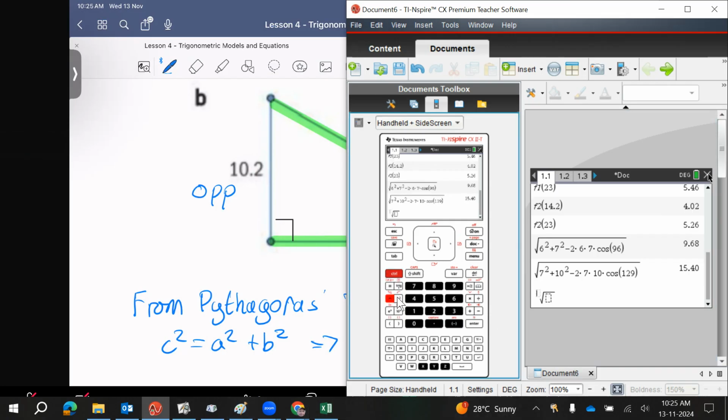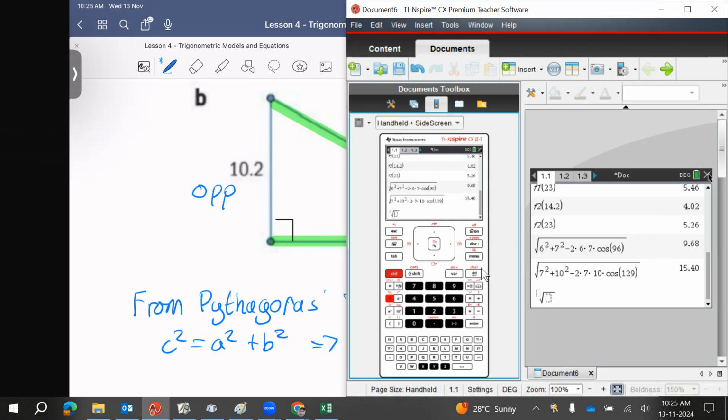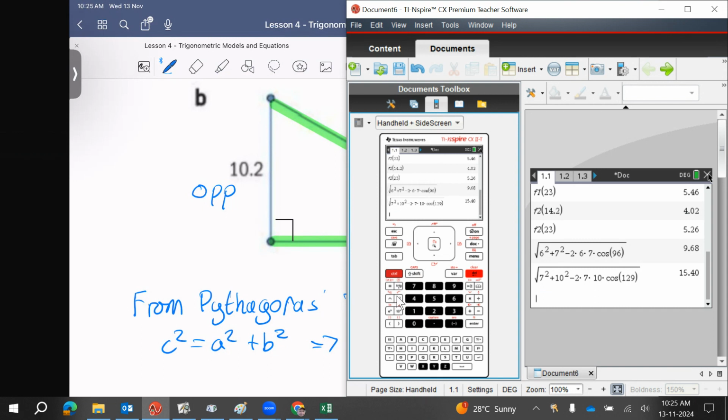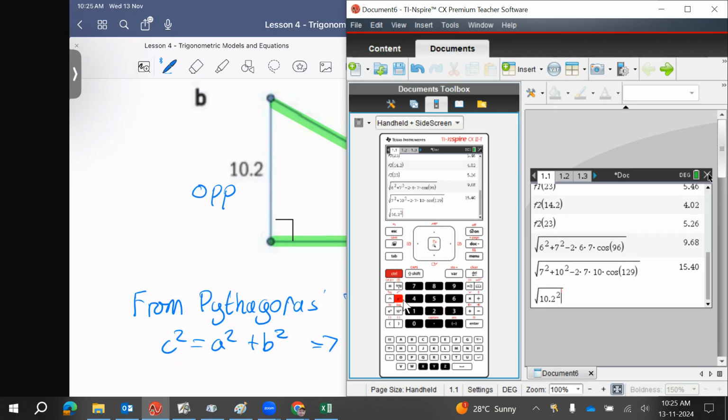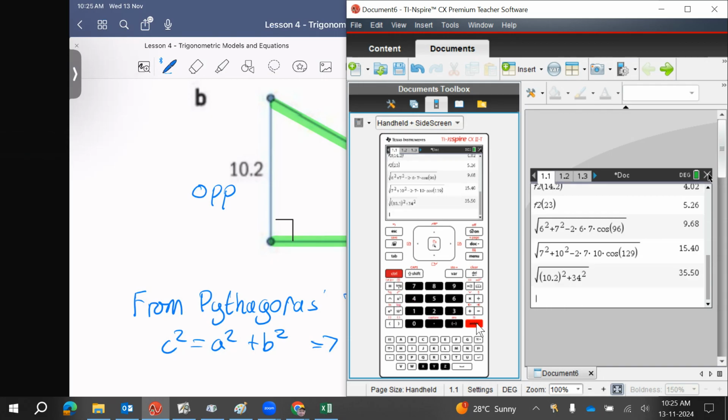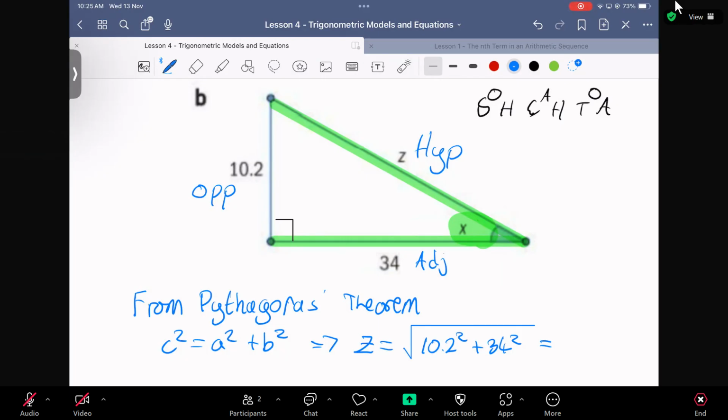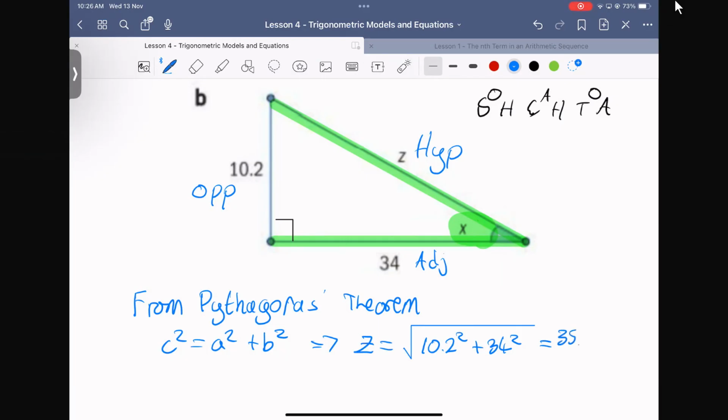So we want the square root of 10.2 squared plus 34 squared, and that is going to give me 35.5. All right, so there's z.